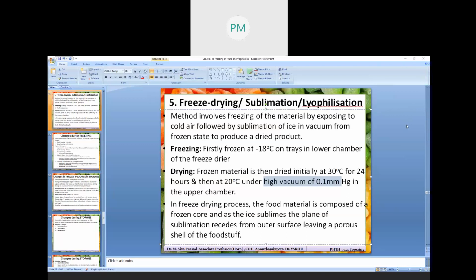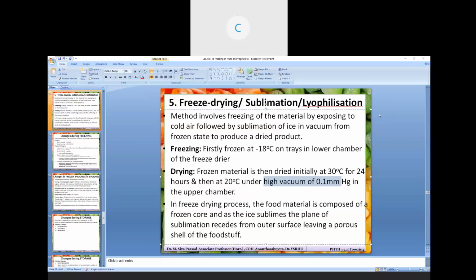Pressure is directly proportional to temperature. So when pressure is reduced, the temperature of evaporation will be increased or decreased? Decreased.